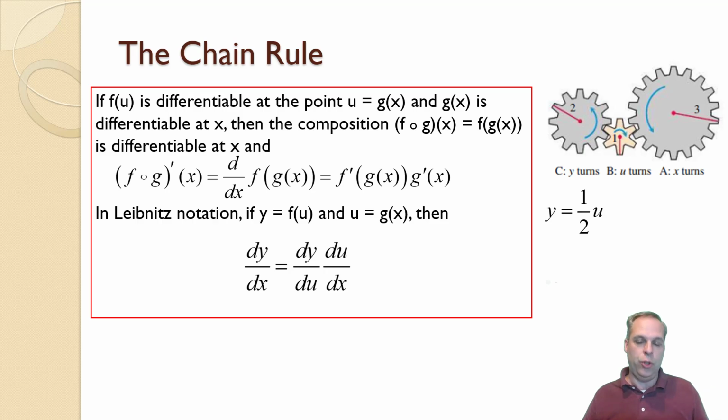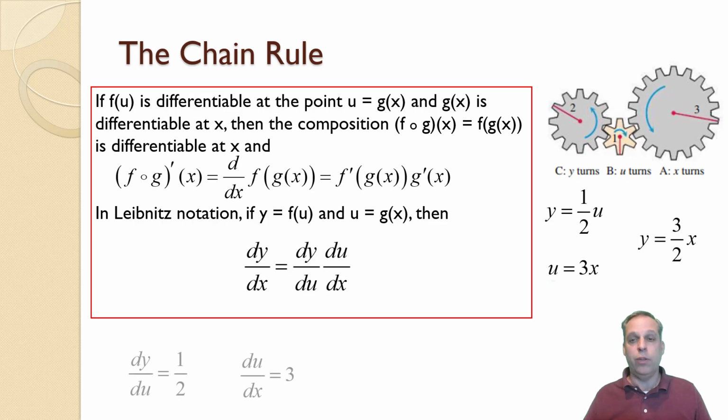So then y, the number of rotations for C, is equal to 1/2 u, the number of rotations for gear B. Using the same reasoning, by looking at the different circumferences of the wheels, you get that u must equal 3 times x. By putting these together, you can then get y is equal to 3/2 times x. But if you look at the derivatives, the derivative of y in terms of u is 1/2. The derivative of u in terms of x is 3.